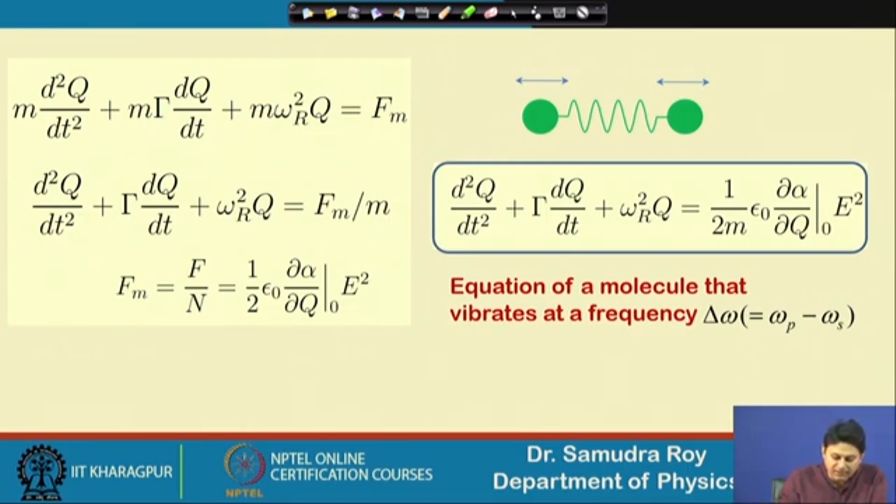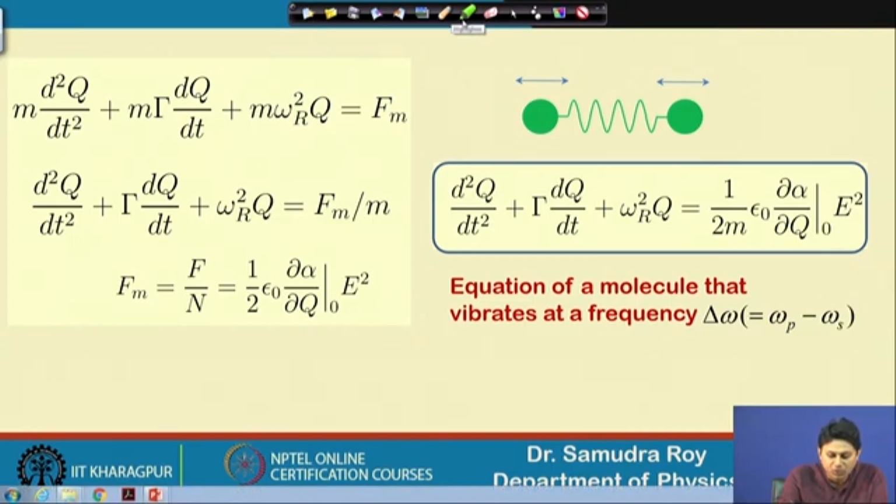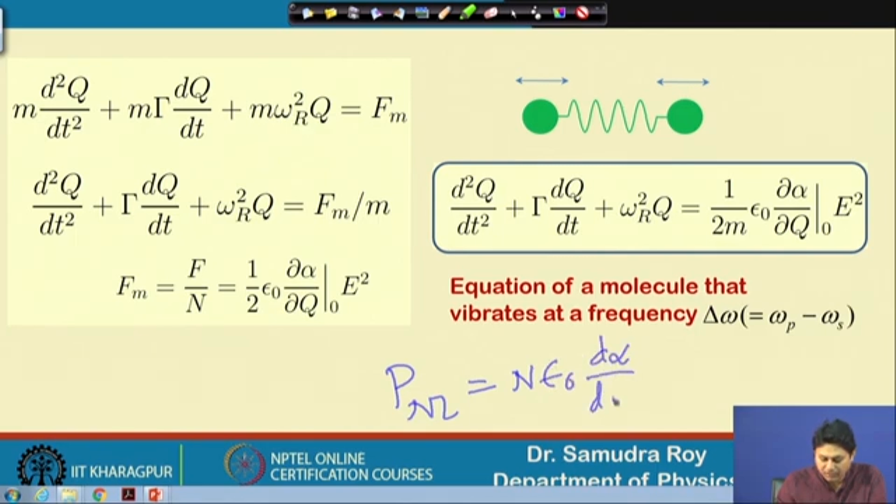P nonlinear is the important thing, that is our aim, and we know that P nonlinear is ε_0 (dα/dq) evaluated at 0, multiplied by q and E. We have derived that.